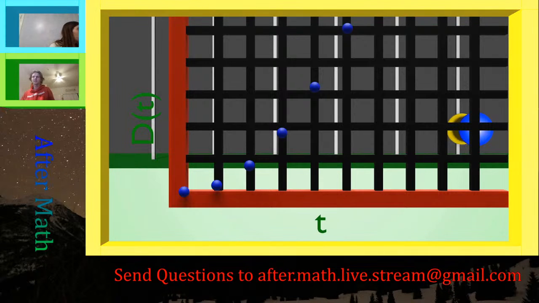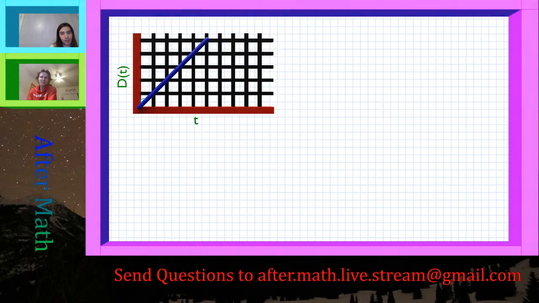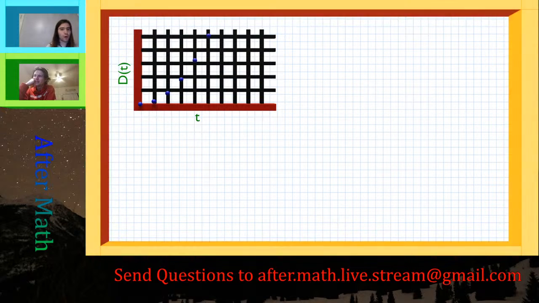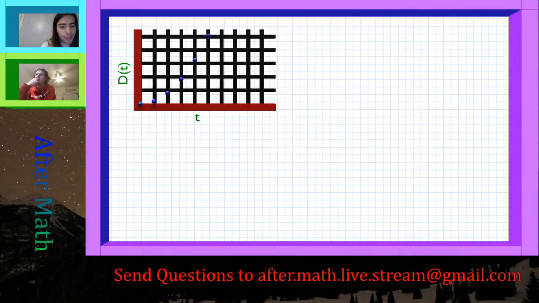Let's go ahead and look at that graph. So, Jaden, let's say that we wanted to take the slope, right? Before, it didn't matter where we took the slope of the line, it was always going to be the same. But let's say we want to find this starting point here and go to here to find our velocity.